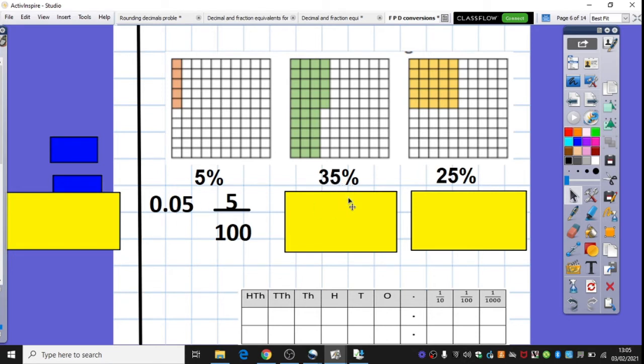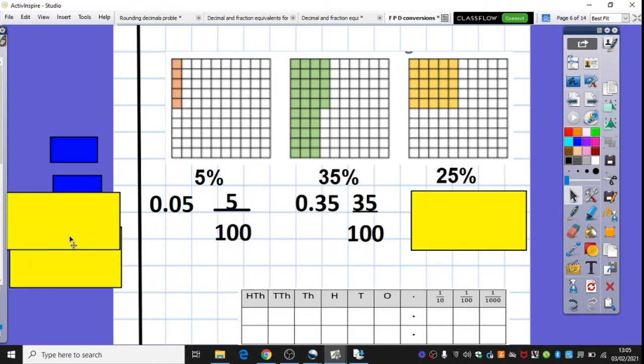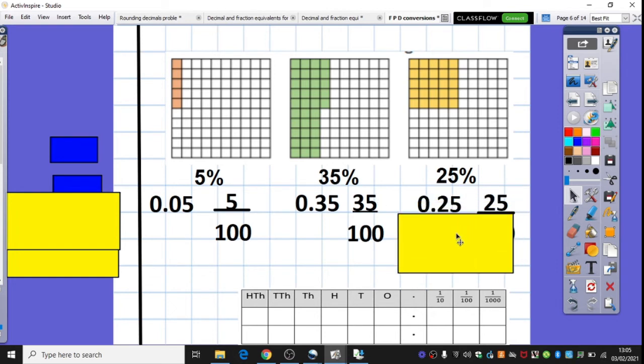Here we've got 35%, so we said again it's out of 100, and we would record 35 hundredths, so that's more than 10 hundredths, so we've made some tenths here, we've made 3 tenths and 5 hundredths, 0.35, 35 hundredths, 35%, 35 out of 100. And finally 25 then, we've got here 25 out of 100, which is equal to 25 hundredths, which is 0.25.